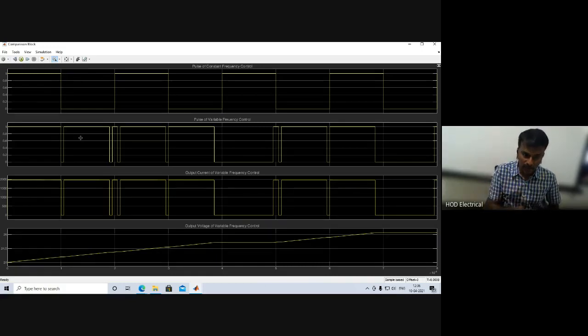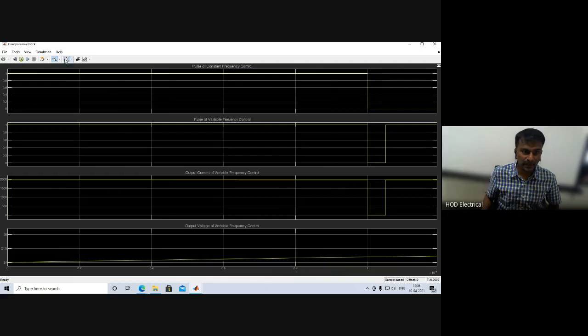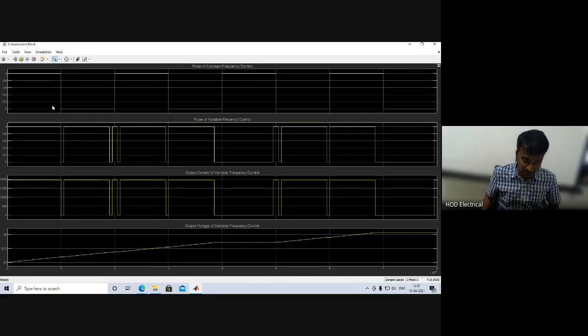On time is constant. This is our switching time. But in previous cases, what happened? On time was increasing, or this is the total time, previous cases 0.002. Now on time is constant, but I am reducing the off time.